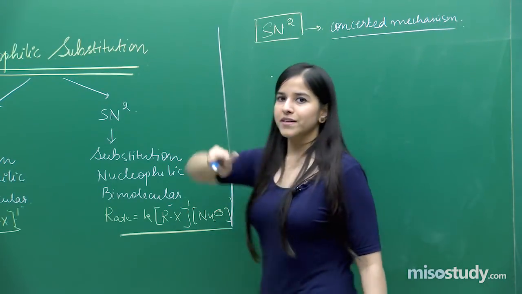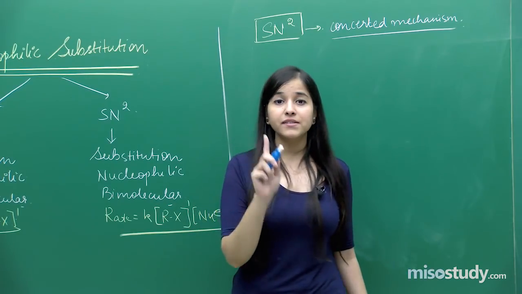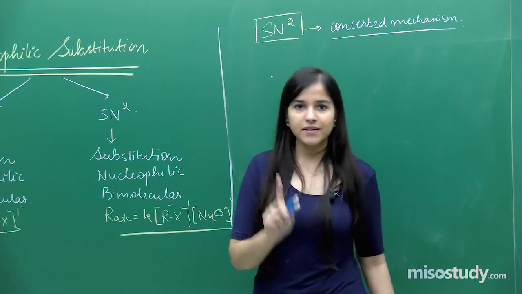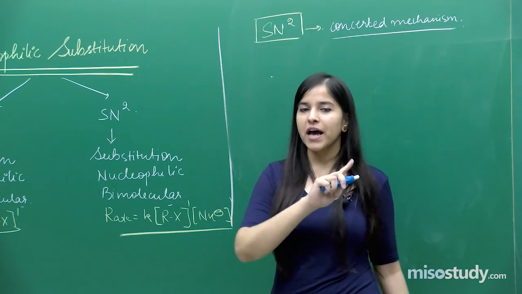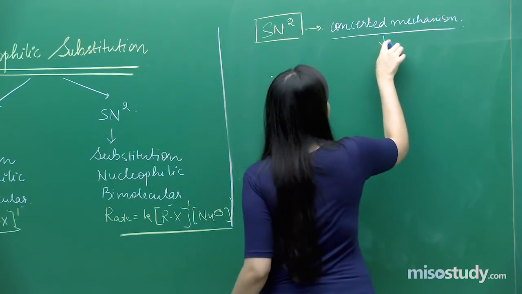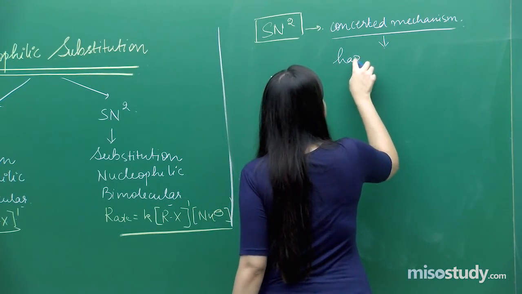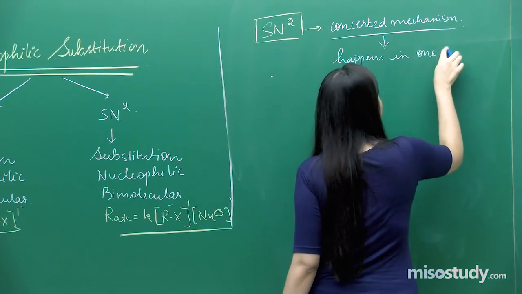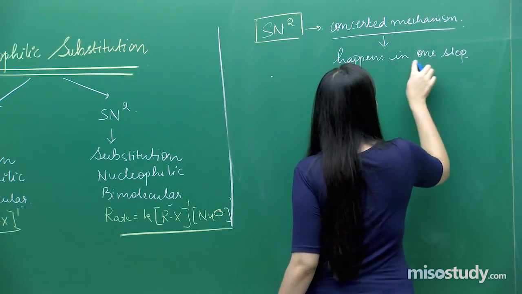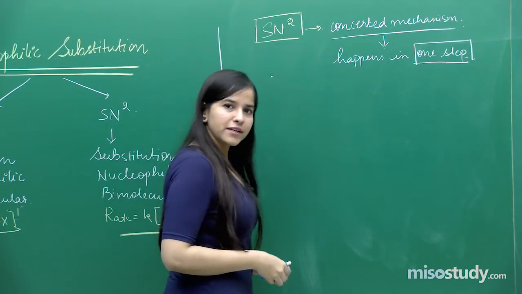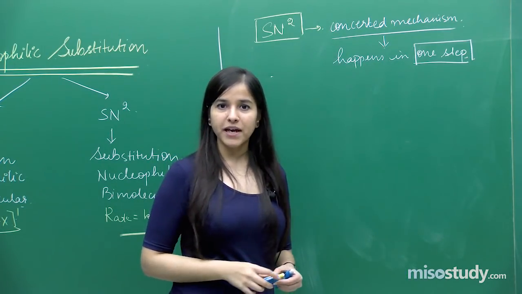Now what is this term? It's not concentrated but concerted. A concerted mechanism or concerted reaction is the one which happens in just one step, right? So this particular reaction happens in one step. It's a one-step process basically. Fine. So that is why it is known as the concerted mechanism.